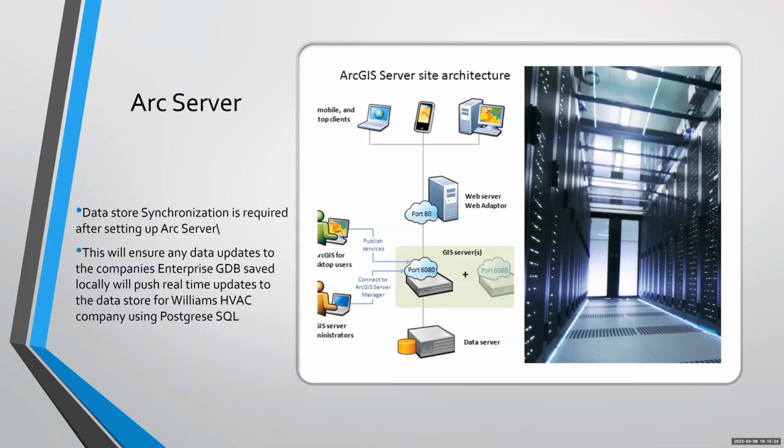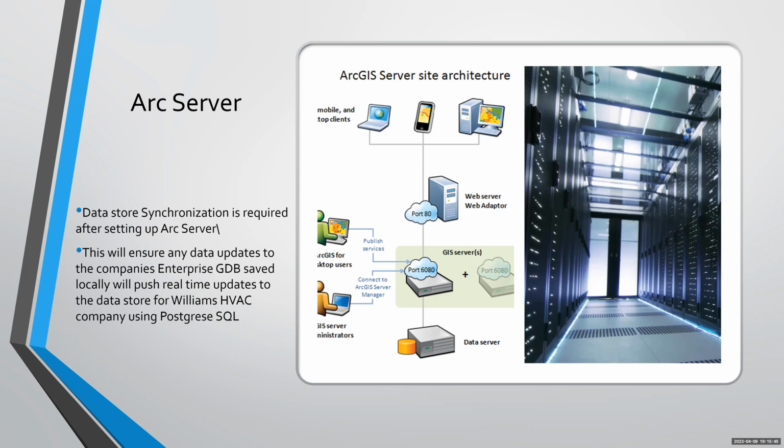So to get into the Arc server infrastructure, you have the data server, which then goes to the GIS servers, which then goes up to the web server and the mobile applications. That's just one way. I found that this was cited off of Esri's site. I've seen it done differently in other organizations.